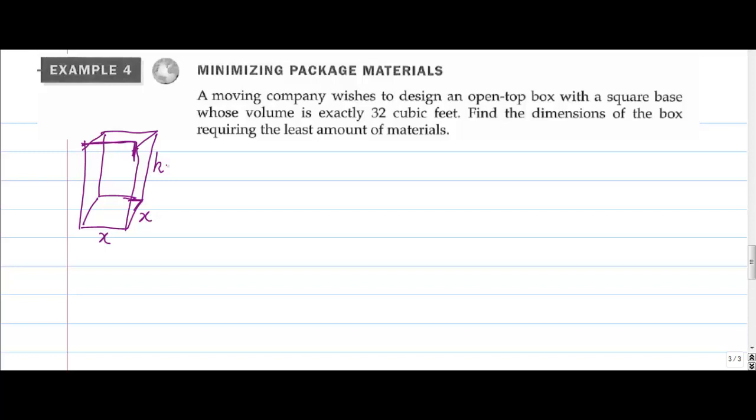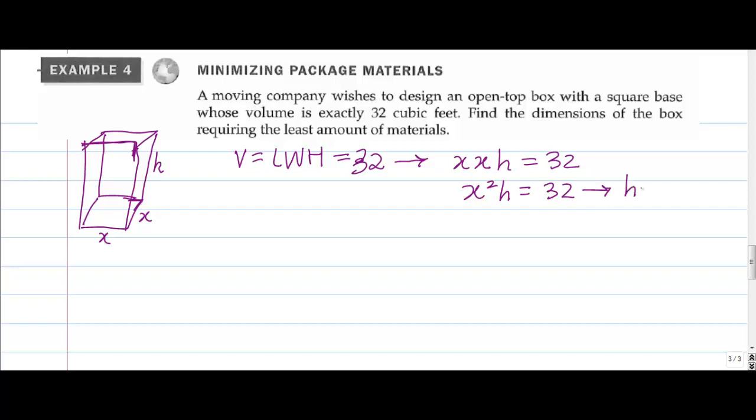The volume, so how would you find the volume of a box? The volume is going to be length times width times height, right? And that's equal to 32. So from there I get x times x times h is equal to 32. So that's x squared h is equal to 32. So now I can solve for h and get 32 over x squared.